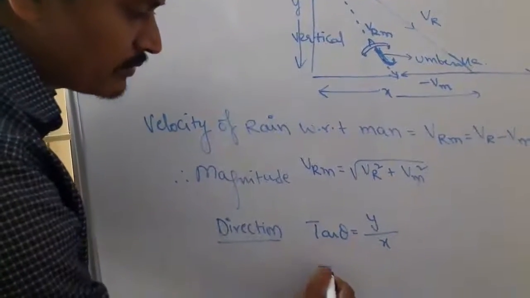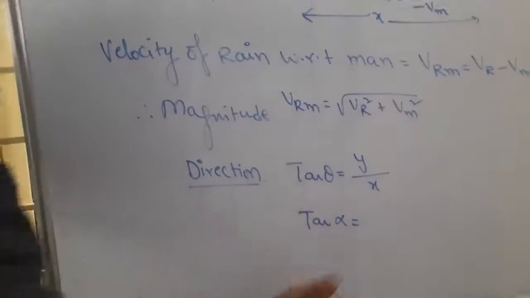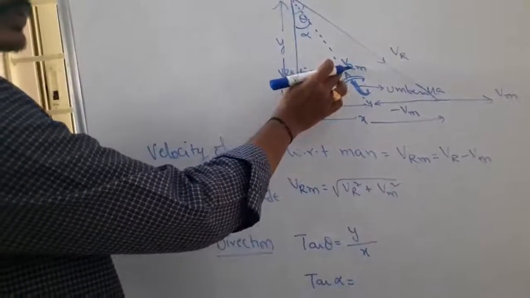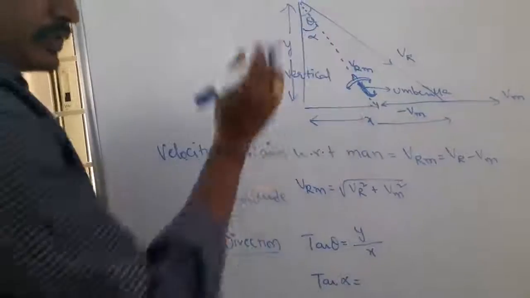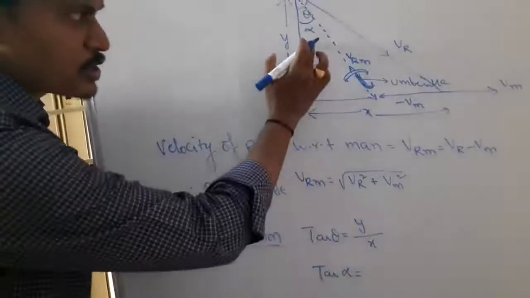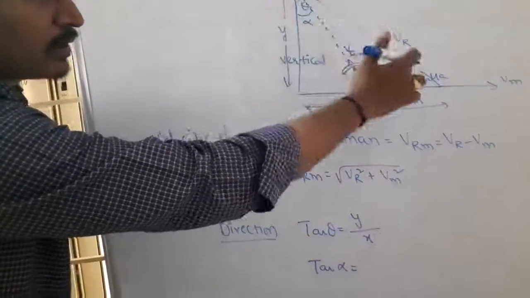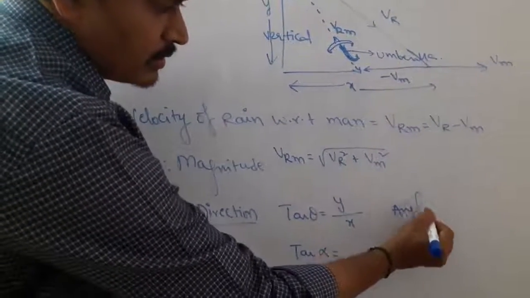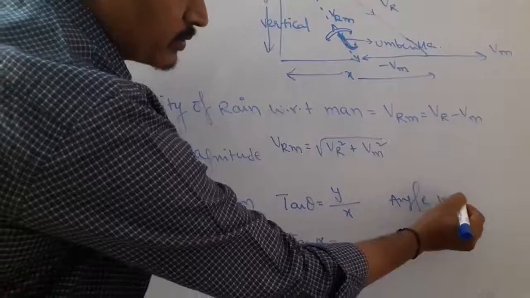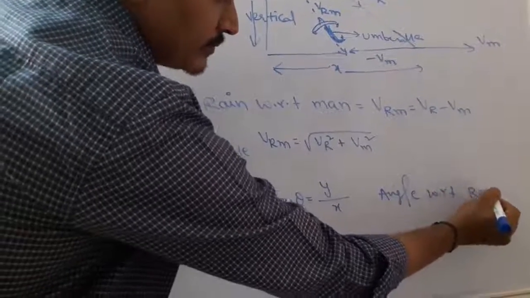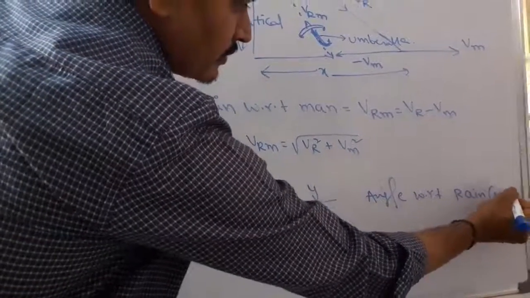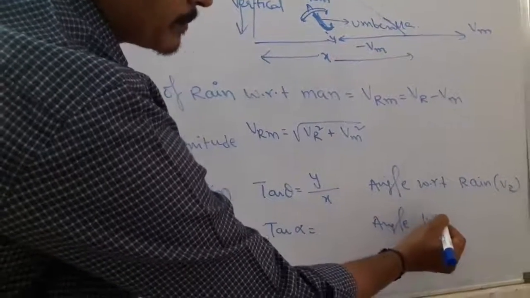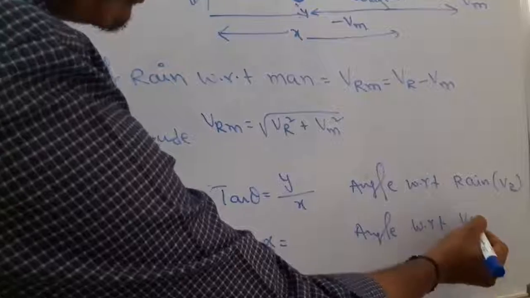Therefore tan alpha is equal to, angle with respect to Vrm, angle with respect to rain, that is Vr, angle with respect to VRM.